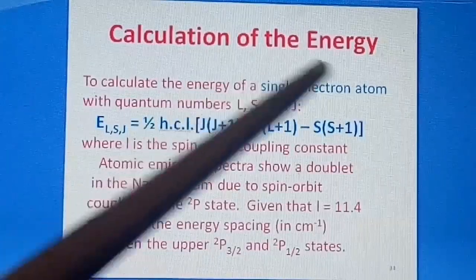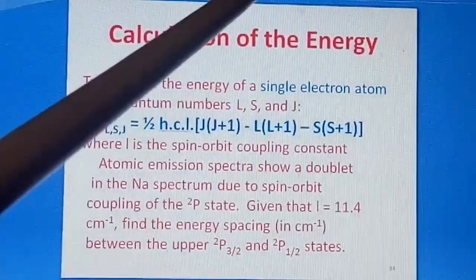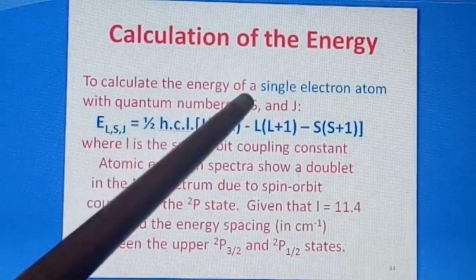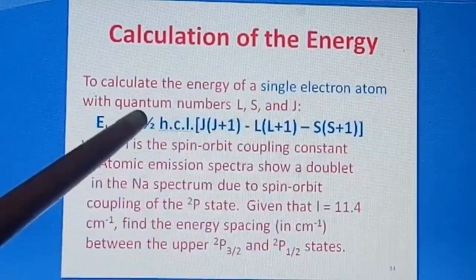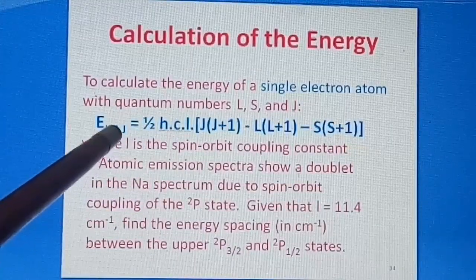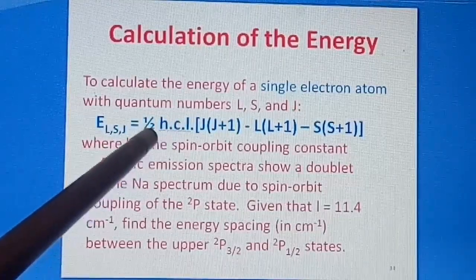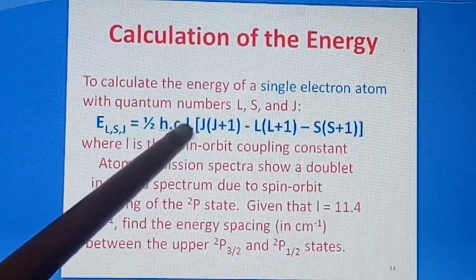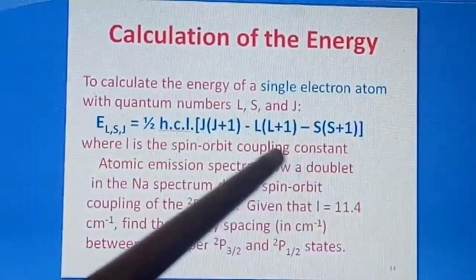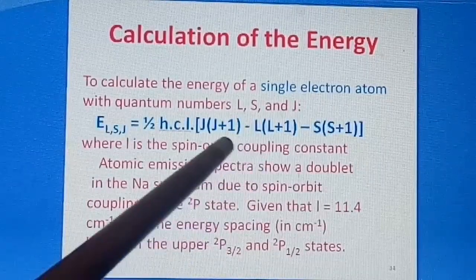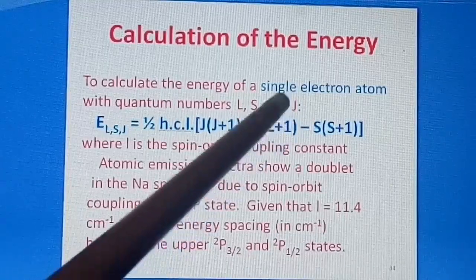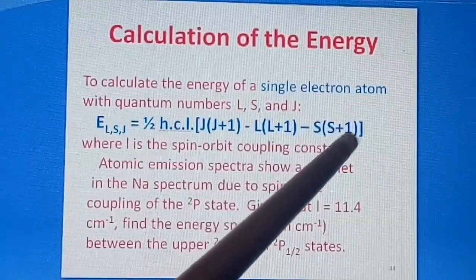Now we can calculate the energy of these two states, the energy of atomic term symbols, to calculate the energy of a single electron atom with quantum numbers L, S and J. So this is the energy for L, S and J. H is Planck's constant, c is the velocity of light, and A is the coupling constant in atomic spectra, so it is the bracket J into J plus 1 minus L into L plus 1 minus S into S plus 1.